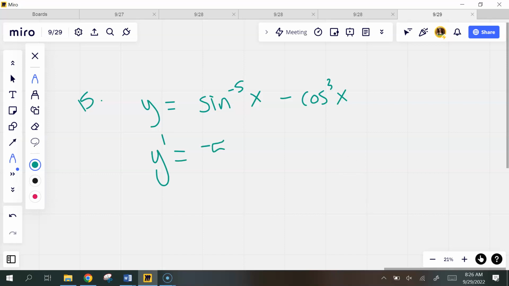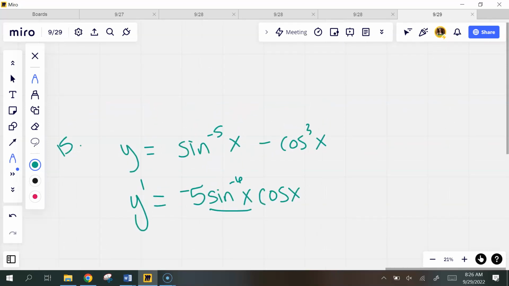So negative 5 times the sine to the negative 6 of x. But that was only the power, right? Now I need to do the derivative inside. So what's the derivative of sine x? Cosine x. So I'm going to multiply by cosine x.